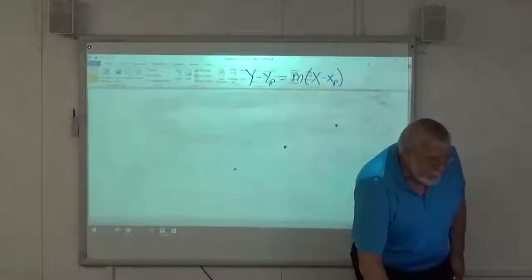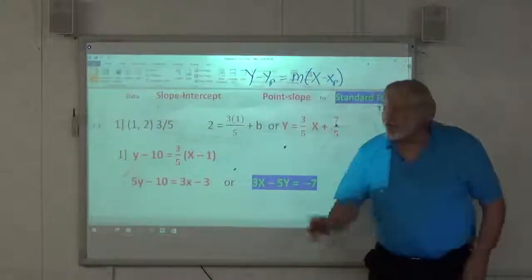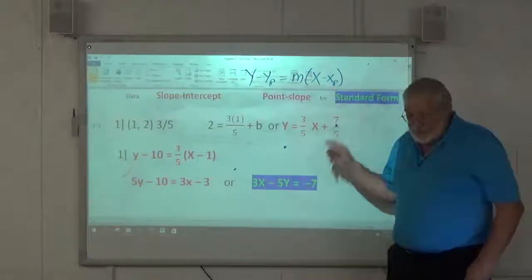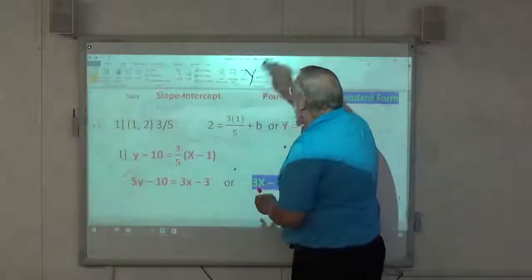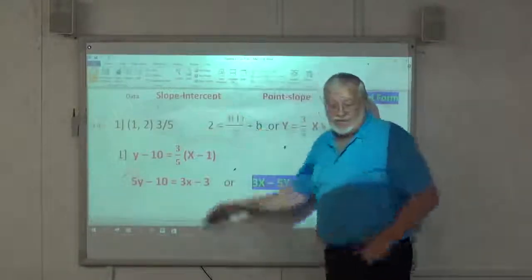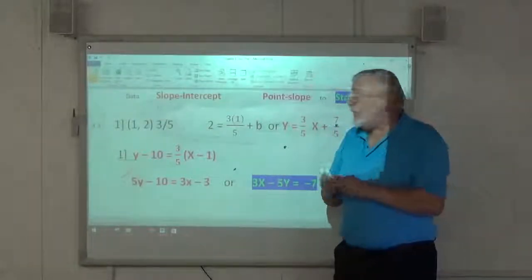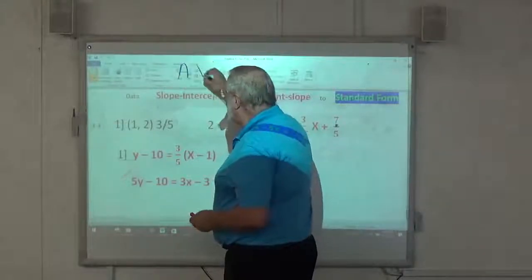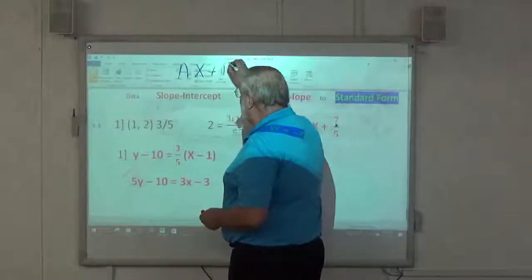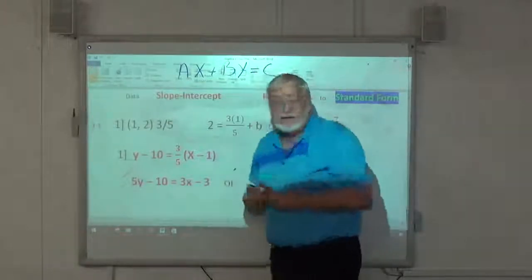Now, all right, standard form. Standard form is the form for Algebra 2 and above. All right, standard form is very simply ax plus by equals c.